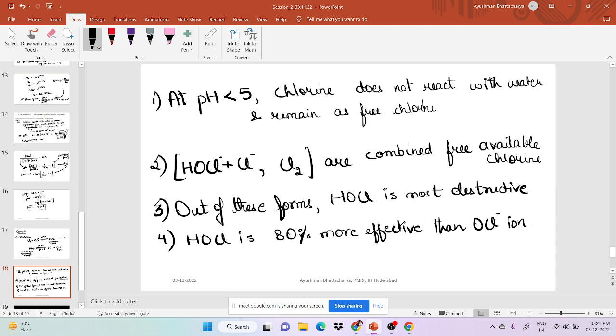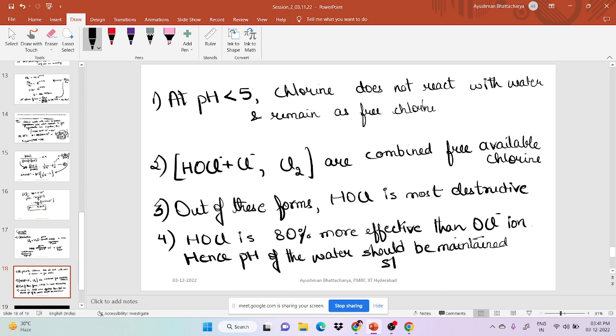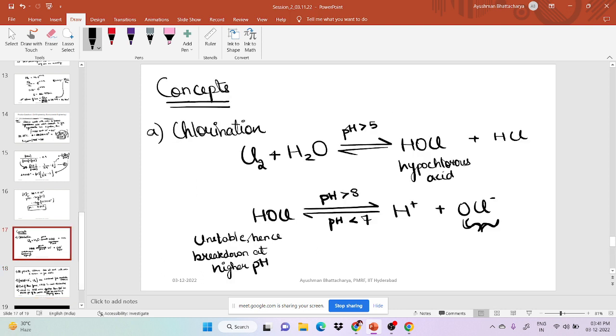Hence, the pH of the water should be maintained slightly below 7. So this thing you remember, this is chlorination.